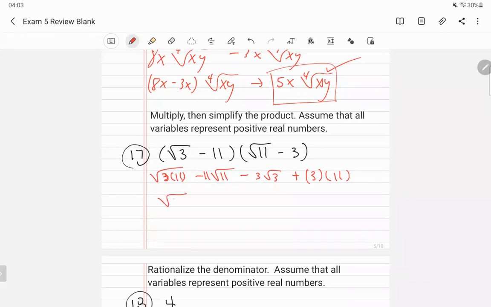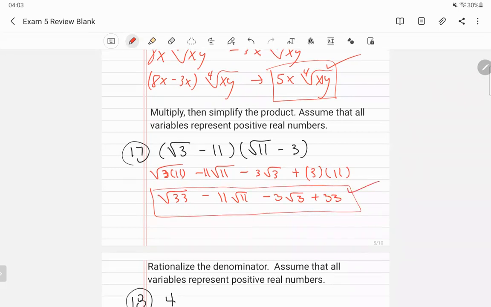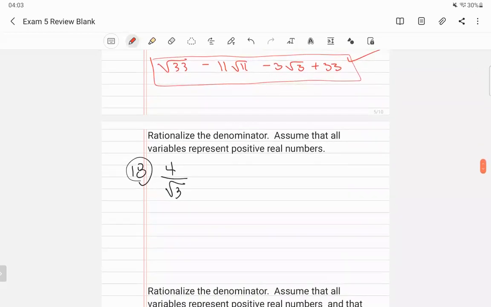So square root of 33 minus 11 square root 11 minus 3 square root of 3 plus 33. Okay. Can't do anything else with it. You are going to have one with 4 as well, so just pay attention.